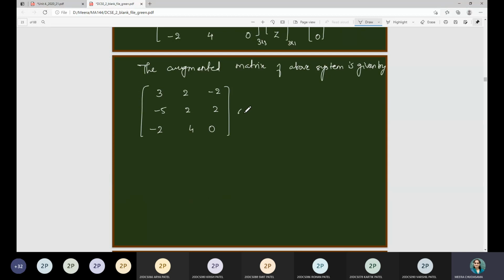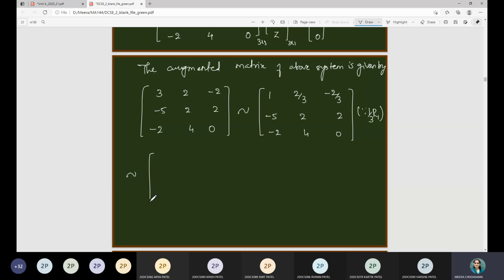So here, first of all, to convert it into row echelon form, I will divide the first row with 3. So this will become this matrix, which is equivalent to the original matrix, right? The reason I will write is 1 by 3 R1.